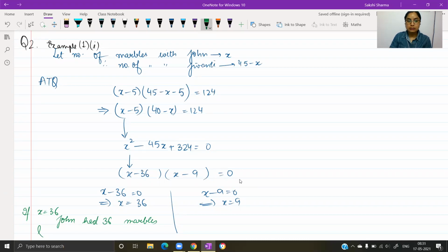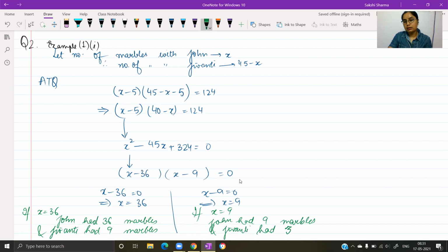John had 36 marbles and Jivanti had 9 marbles. And if x equals 9, that means John had 9 marbles and Jivanti had 36 marbles.